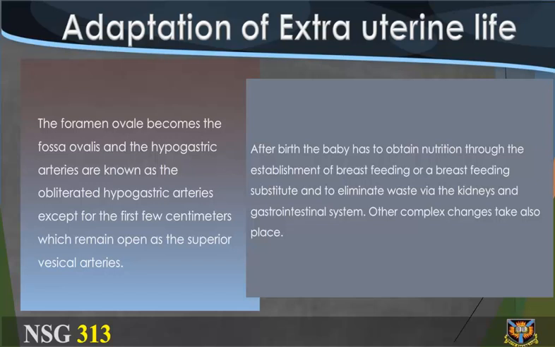After birth, the baby has to obtain nutrition through the establishment of breastfeeding or a breastfeeding substitute, and to eliminate waste via the kidneys and gastrointestinal system. Other complex changes take place also.